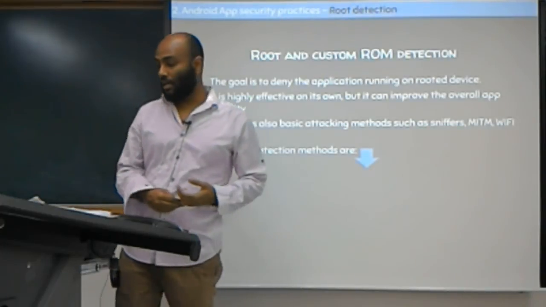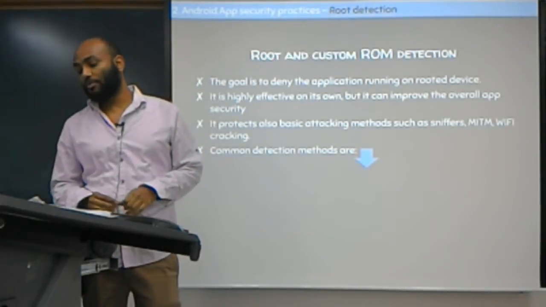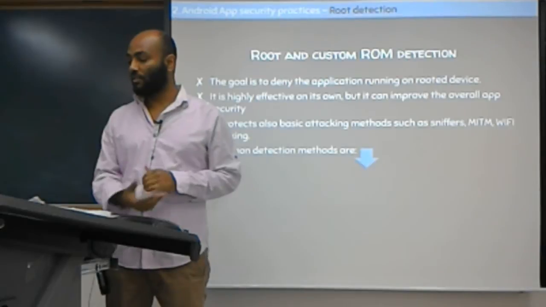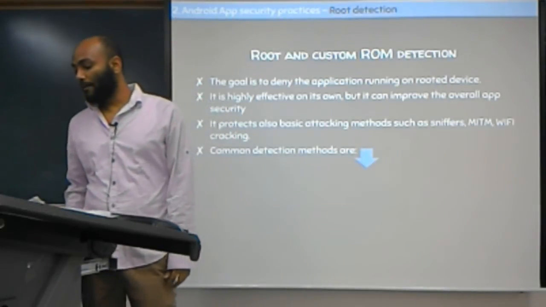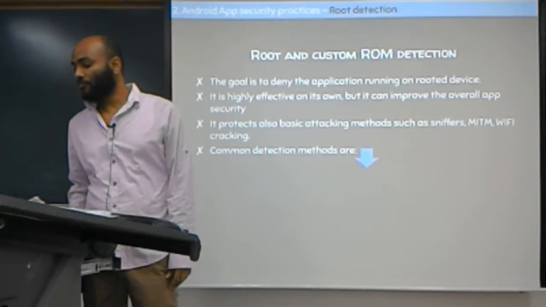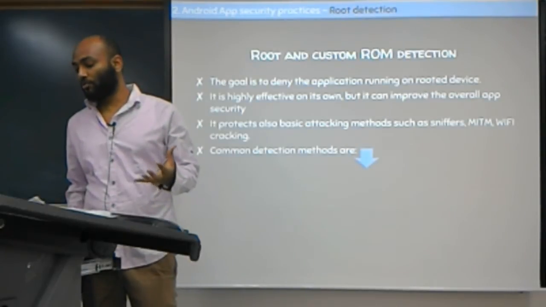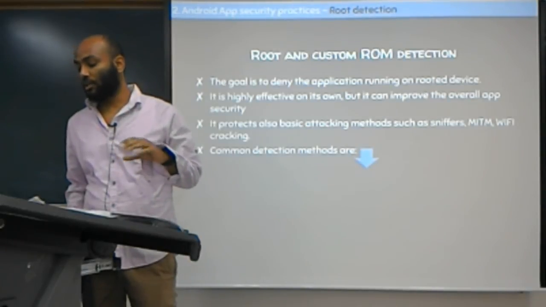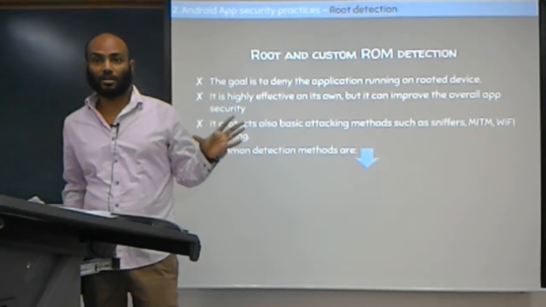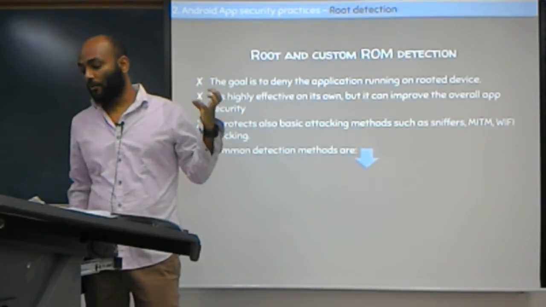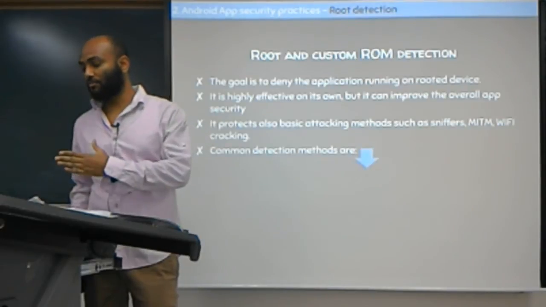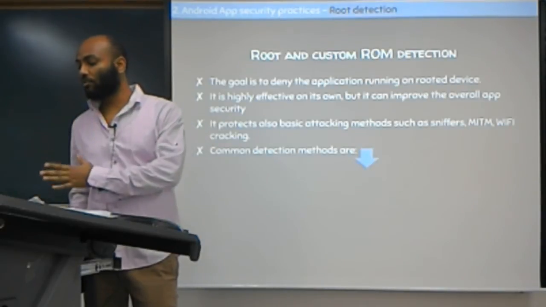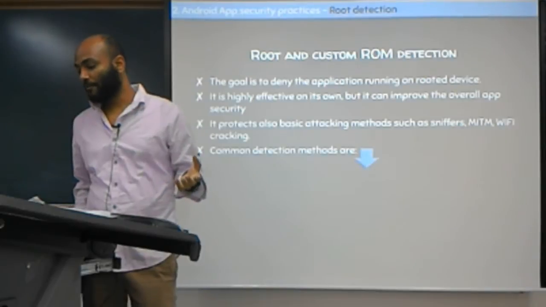It also protects against basic attack methods such as sniffing, man-in-the-middle, Wi-Fi attacking, and so on, because most hacking apps and methodologies require a rooted device before everything. So first we have to detect the custom ROM or rooted device.